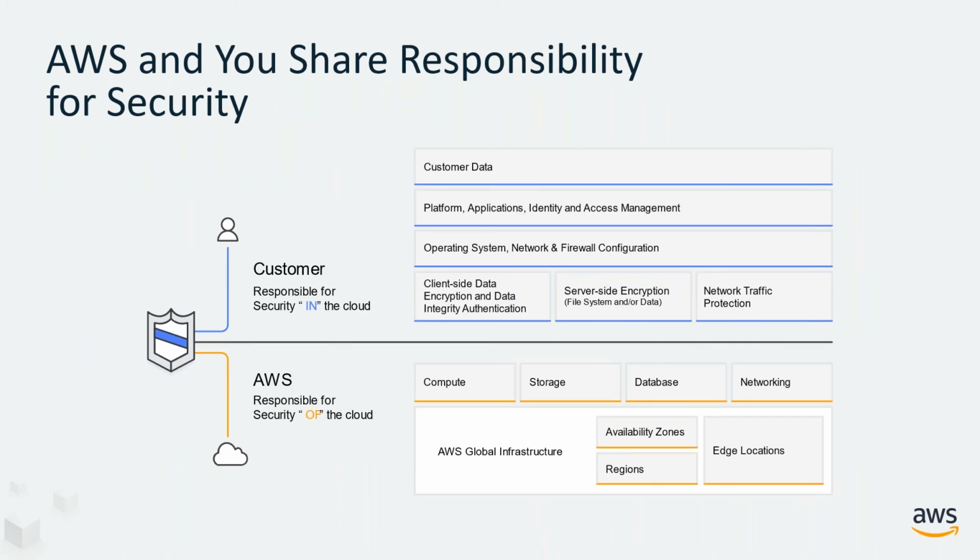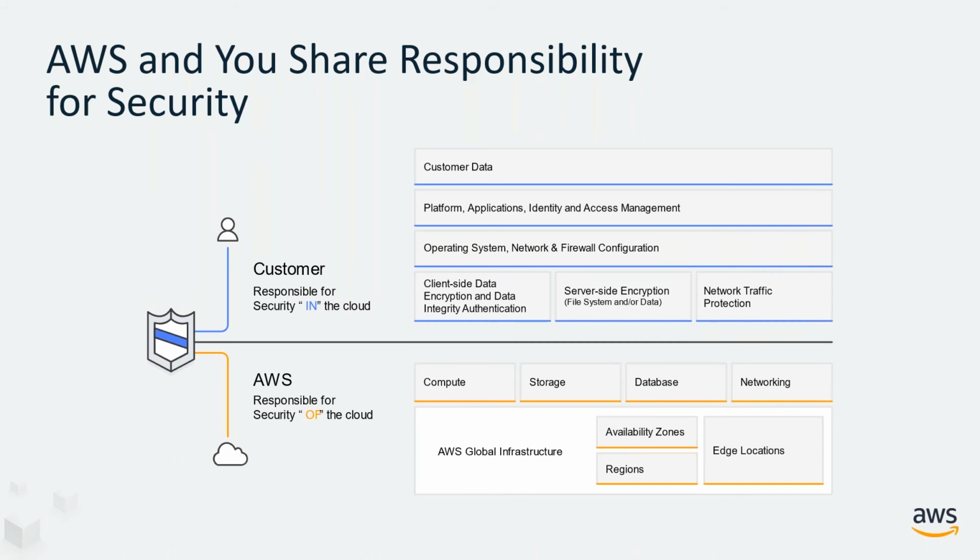This is the shared security model. If you've heard AWS talk about security before, you've probably seen this, and it's really important. So the core concept here is that AWS manages security of the cloud, right? The infrastructure.